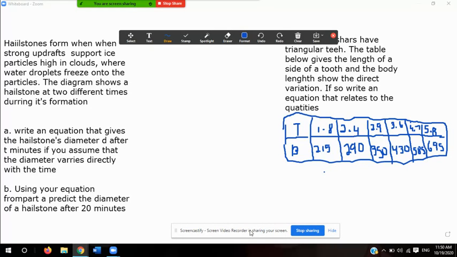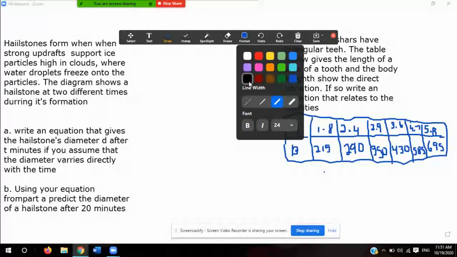A: Write an equation that gives the hailstone's diameter d after t minutes if you assume that the diameter varies directly with time. B: Use your equation from part A to predict the diameter of a hailstone after 20 minutes. So it talks about a diagram, so let's draw that diagram.